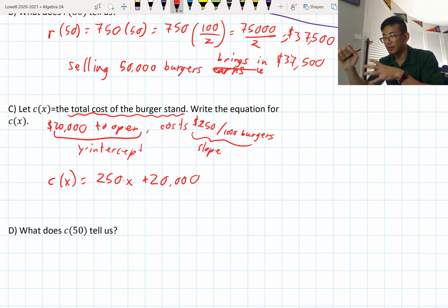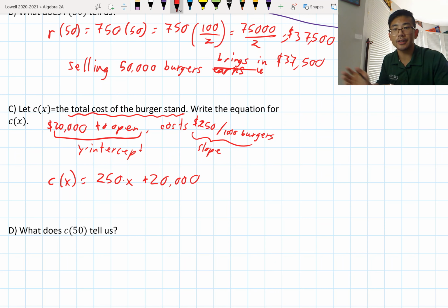But if we think about what the dependent variable or the output is, we can kind of keep ourselves in check. If this was something like how much money you have, then yeah, it would be going downward because I'm shelling out more money, or I'm in debt. But in this case, we're just looking at the cost in its own vacuum. And so that's why the cost should be going upward.